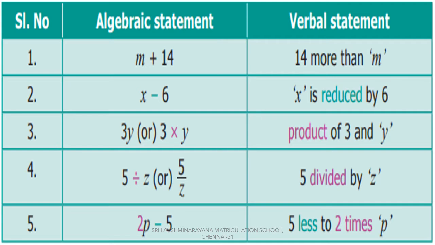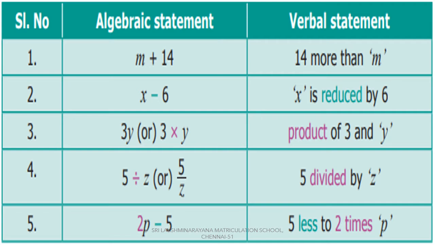A verbal statement is nothing but writing the four operations in the form of words. Here we have to use the keywords of the four operations. I have already shown you the keywords in our previous videos. You can remember those words and apply them to form the verbal statement.